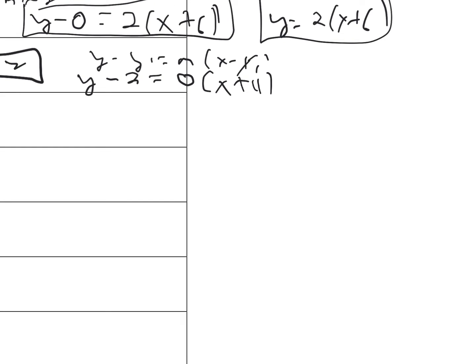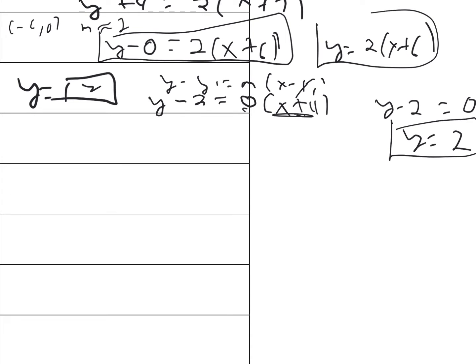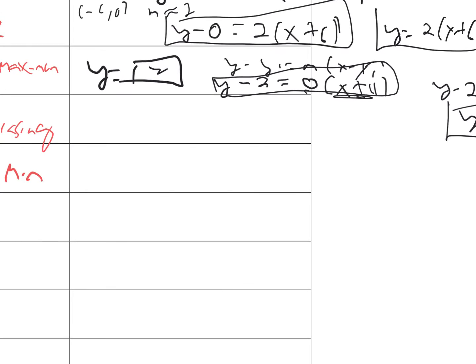Do you see what happens? What's 0 times anything? This is really y minus 2 equals to 0. Of course, y equals to 2. You see? So you could use the point slope form. It's still going to give you the same answer, y equals to 2.